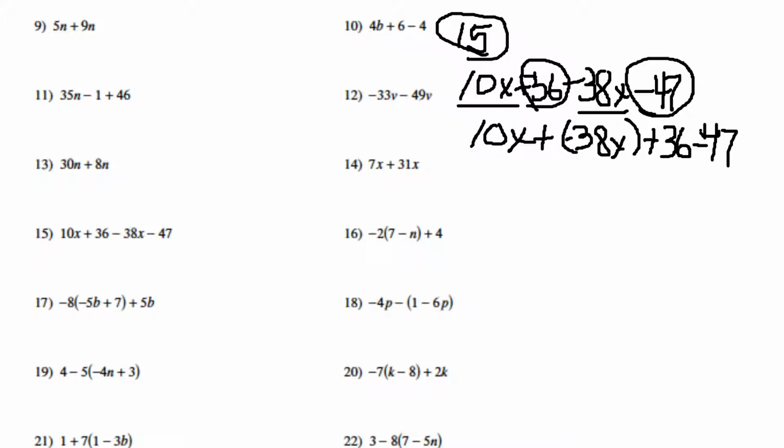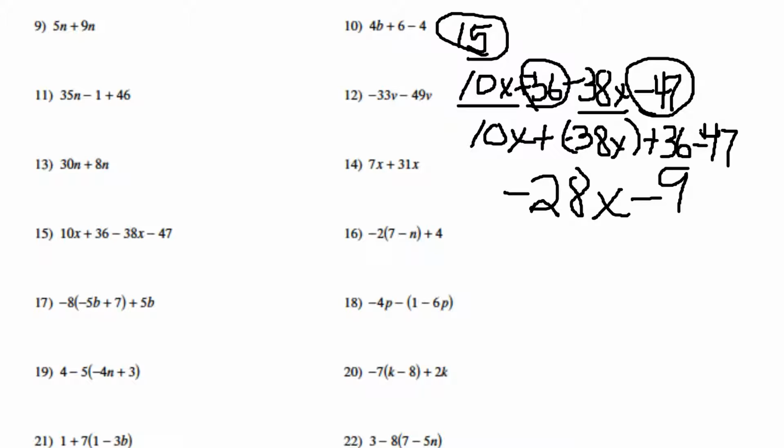So we have 38x and we're subtracting 10x, we wind up with a negative 28x and we have a positive 36 and a negative 47, and since they have different signs, we're going to have 47 minus 36, we're going to wind up with a negative, is that 9, I believe?